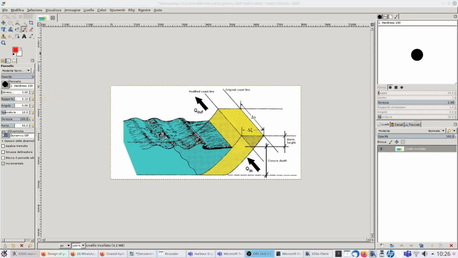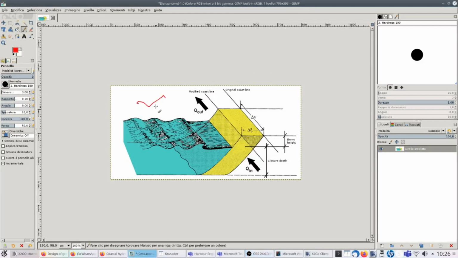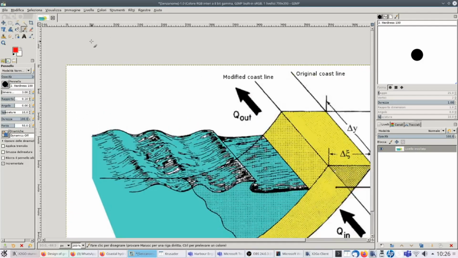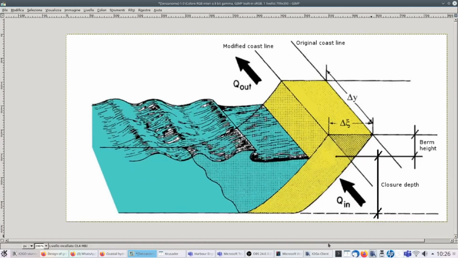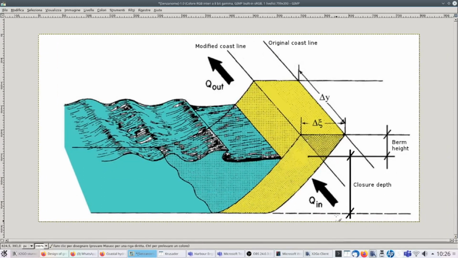Let me see if I can write here. Yeah, it's visible. Perfect. Now let me expand it. Okay, very good. So this is what we need to work on. The CERC formula is giving me an indication of the value of Q in, which you can see here, and it's giving me an indication of Q out.